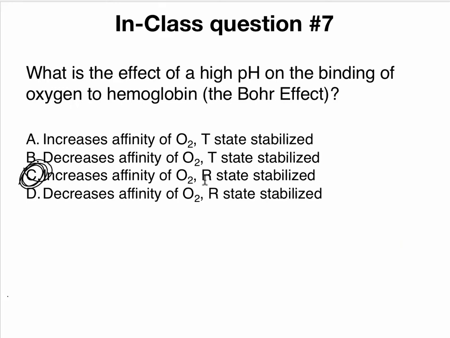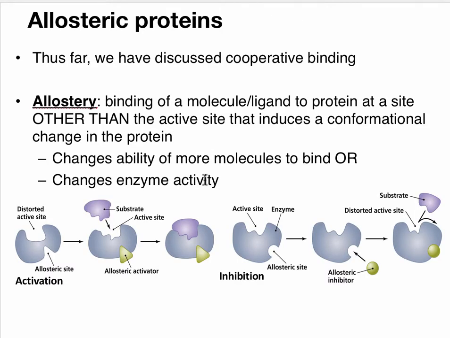All right, so we've talked a lot about cooperativity in regards to hemoglobin, and thus far we have talked about cooperative binding. Cooperativity exists in a group of proteins known as allosteric proteins. And again, this is not just found in hemoglobin. Hemoglobin is just our generic protein of interest, but there are lots and lots of different allosteric proteins.